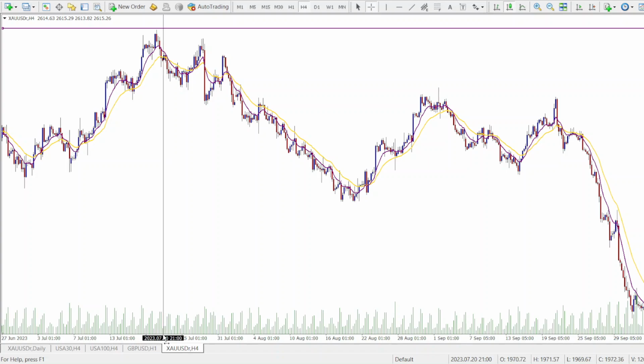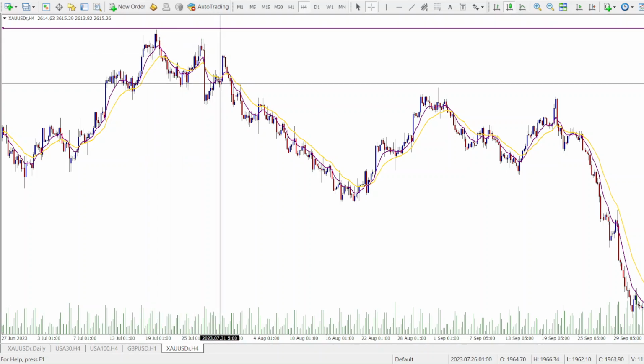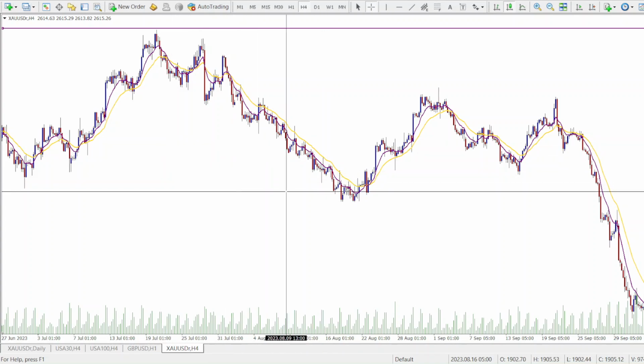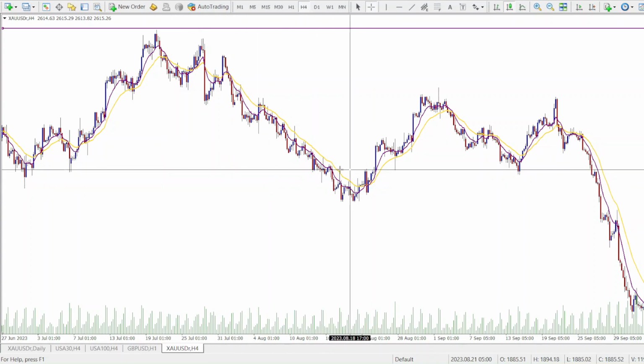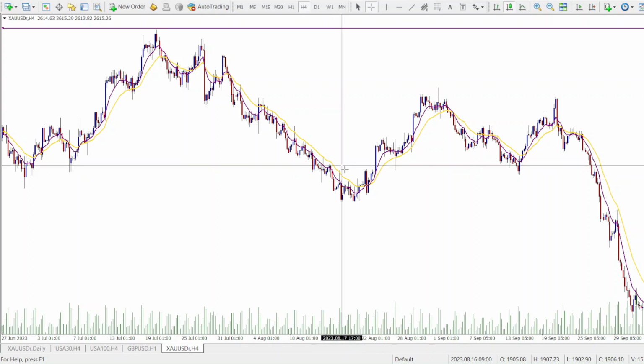And that indicated bullish momentum was getting weak. So it would have been a point of entry for our sell. For our sell, I would have considered setting stop loss right above the swing high. And then as for a take profit, a support level would have been a good spot.